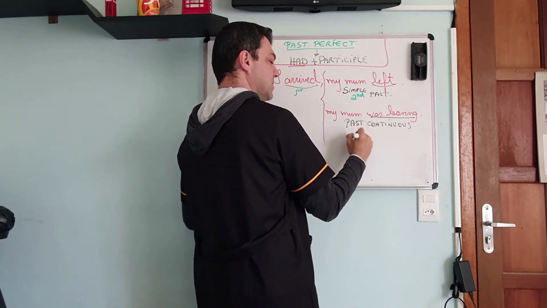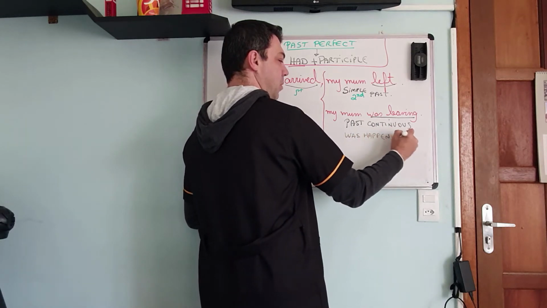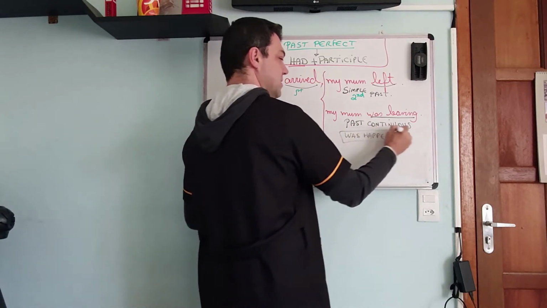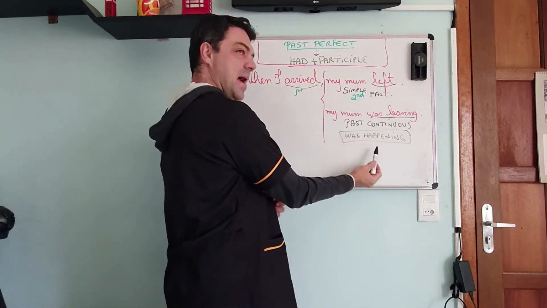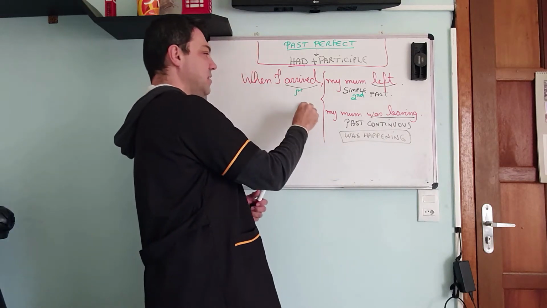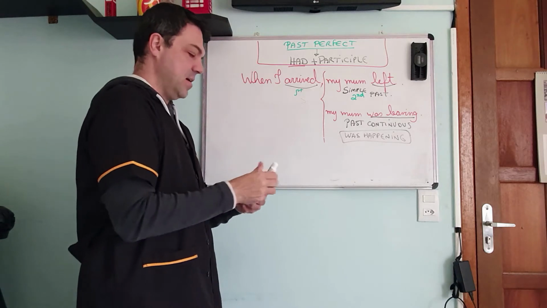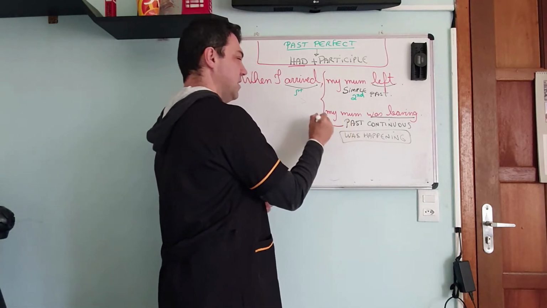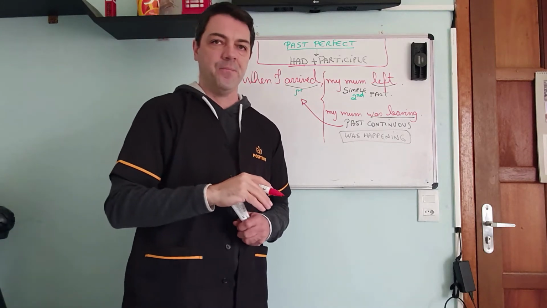It was happening. That's the point. The situation was happening. What is the idea of the past continuous? One action was in progress and was interrupted by another action. So what you have here is past continuous interrupted by the simple past. Yeah?